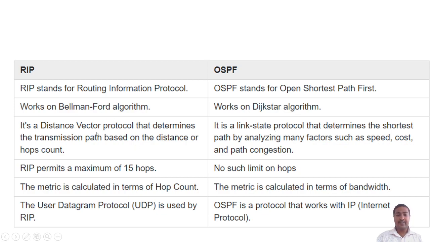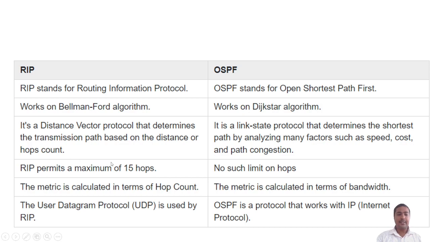The type of algorithm followed in RIP is distance vector. It is based on distance, whereas in OSPF we use something called a link state protocol. The algorithm used is Dijkstra's algorithm, which follows link state, and based on the link state the routing is going to happen.